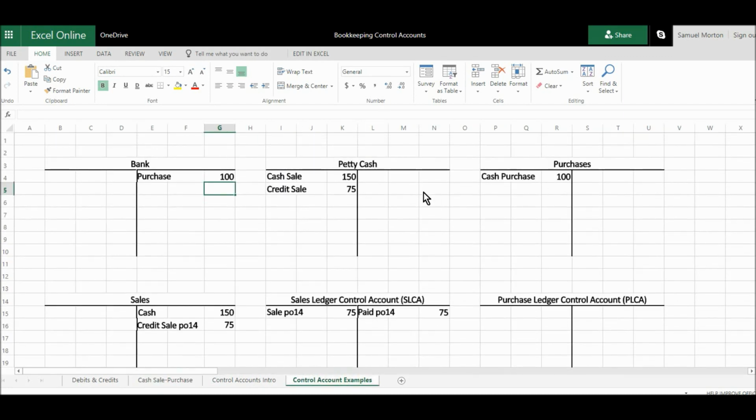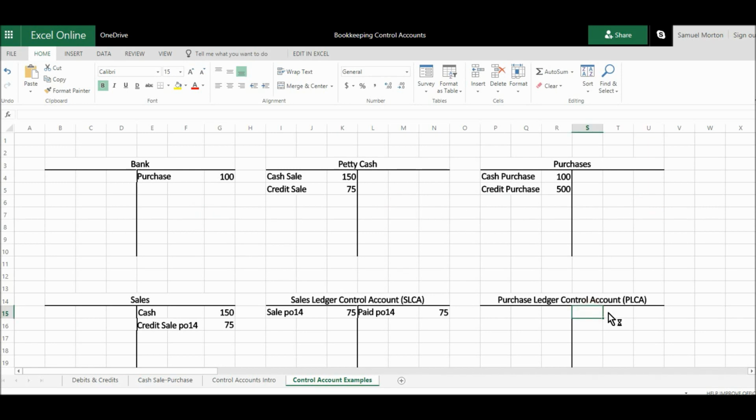Now let's say we have a purchase on credit, say that's a big one, say £500, and it's not an asset purchase, it's just a general purchase. So £500, we still need to record the purchase, and that's a debit side. So £500, where does the credit go? Because no money's come out of the bank, no money's come out of petty cash.